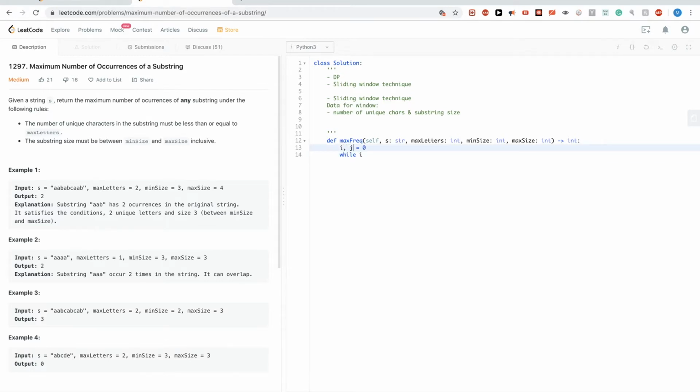So we need two things, i and j, that represent the window. And while chars starts out as 1.